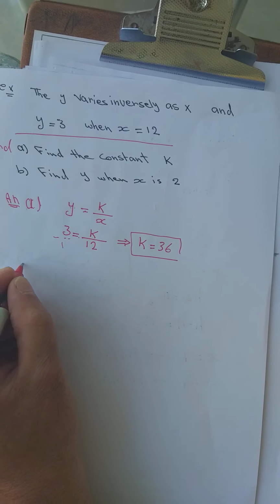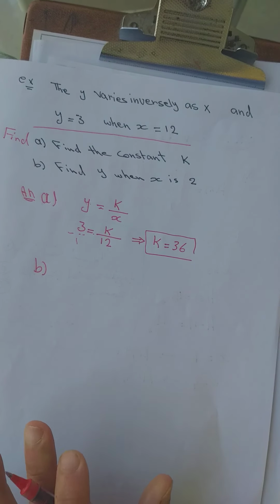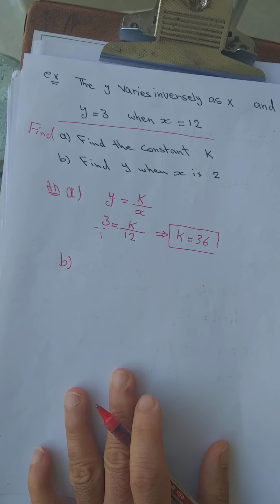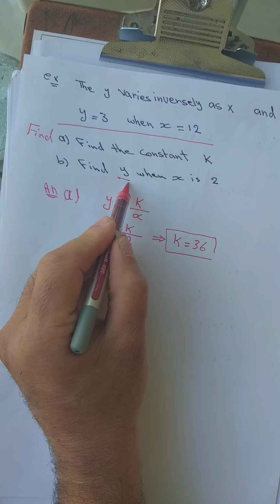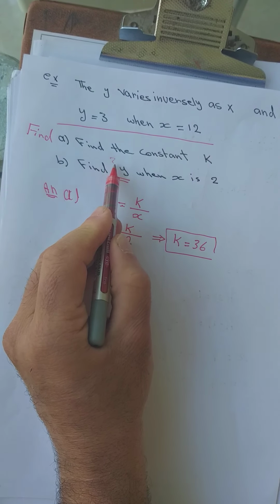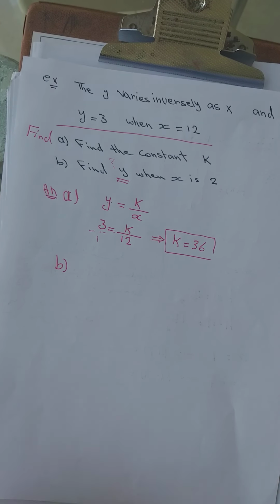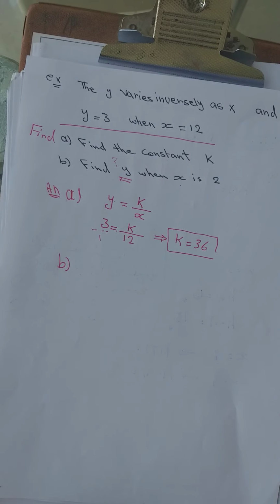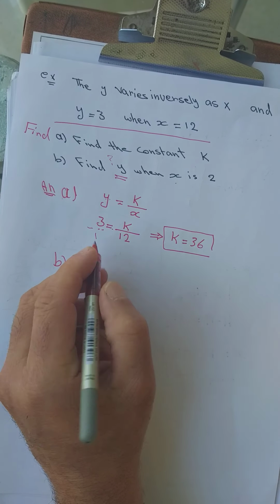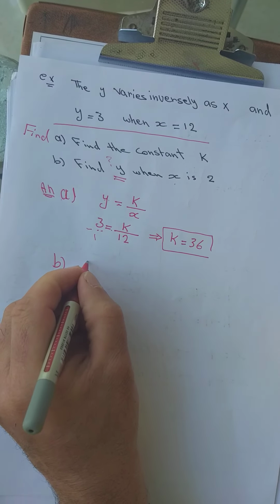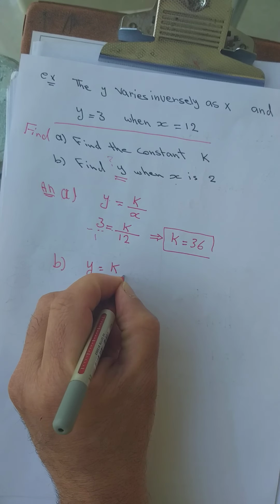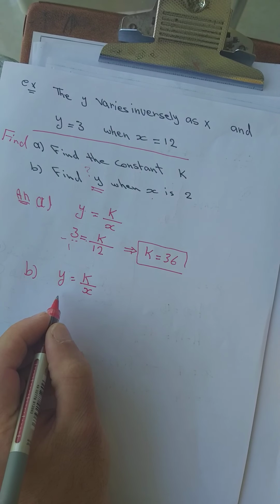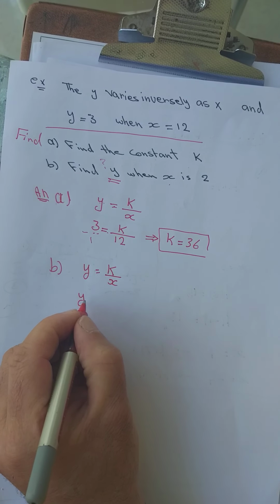B. Find value y. This one is unknown, question mark. We don't have value y, but we have value x. How can you find y? We have the equation y equals k over x. Do you have value y? No, we have to find it.